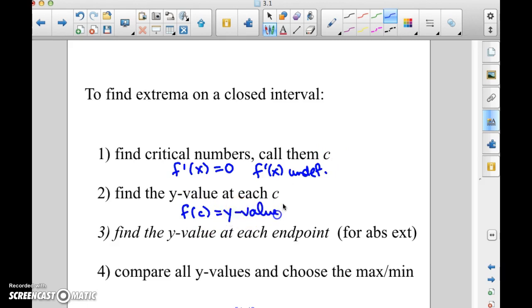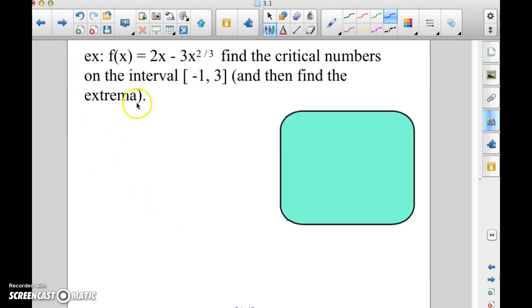So plug those c values you got from setting your derivative equal to 0 and looking where your derivative is undefined into the original function to find the y value. Also put the endpoints into the original function to get the y values at the endpoints. And then you look for the highest or lowest numbers. The highest will be the max, the lowest will be the min, so you're comparing all those y values you just found. So let's do an example.